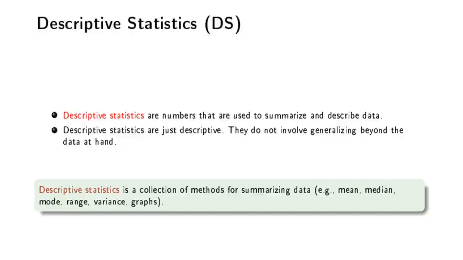So what is descriptive statistics? So these are numbers that are used to summarize and describe data. So descriptive statistics, the name tells us, are just descriptive. So they do not involve generalizing beyond the data at hand.